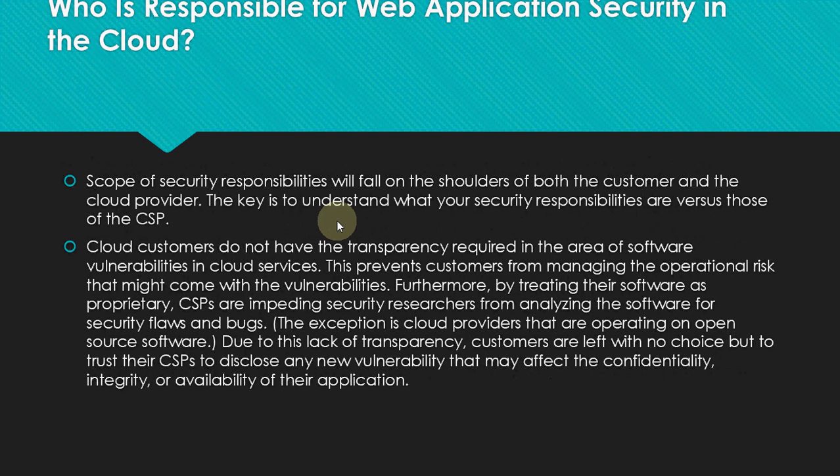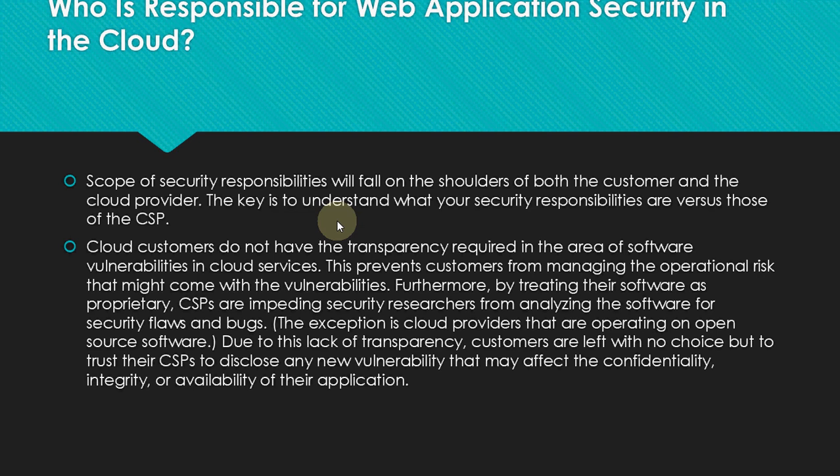Who is responsible for the web application in the cloud? The scope of security responsibility falls on the shoulders of both the customer and the cloud provider. At the application layer, the customer and the cloud service provider are both responsible. The problem on the side of the cloud service provider is that they are not showing their code or security code, so a customer can't judge whether the cloud is secure or not.